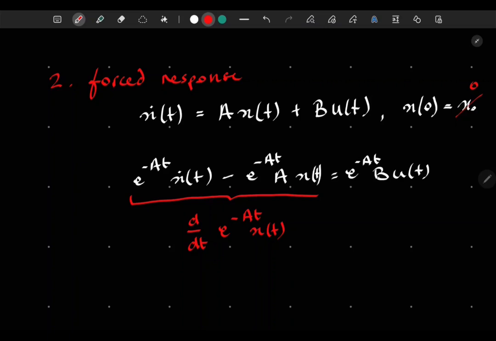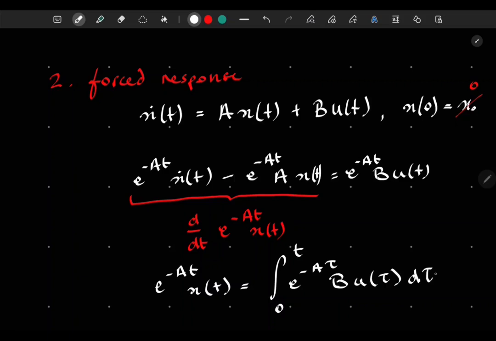So now we can integrate this equation, and what we find is that e to the minus At times x is equal to the integral from 0 to t of e to the minus A tau B u of tau d tau. And we will also have an integration constant, but this constant will be 0 because of the initial conditions of the system, which are 0 as well.